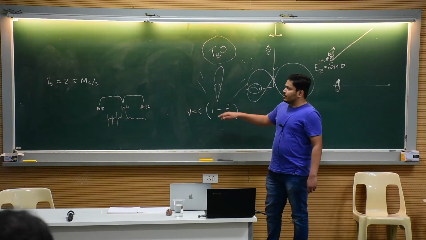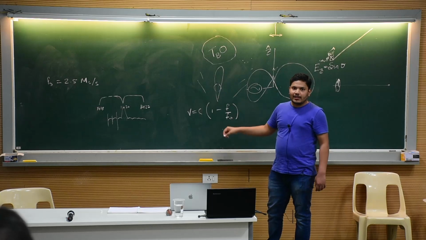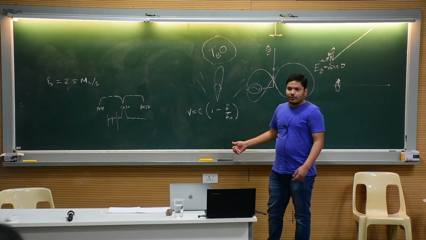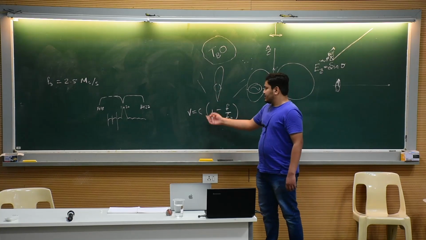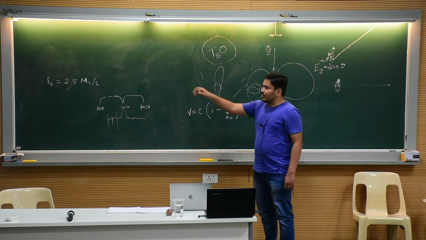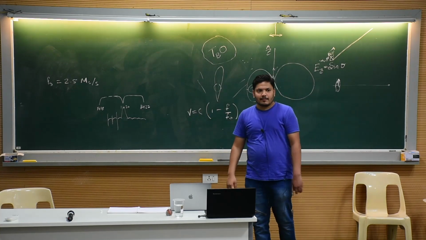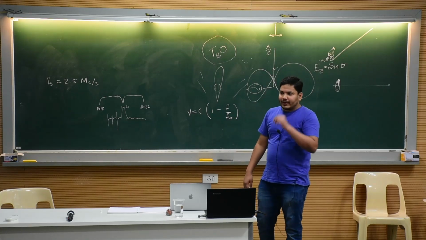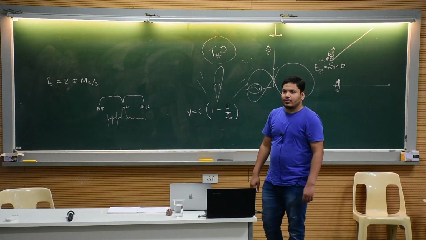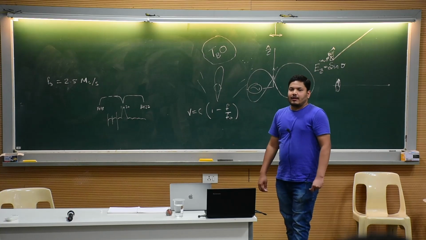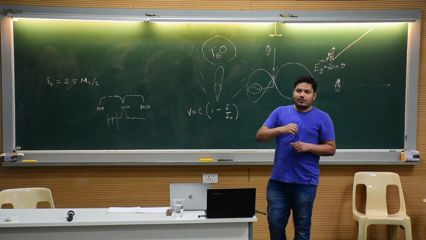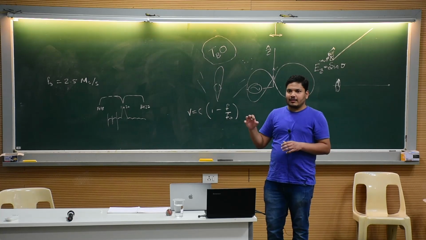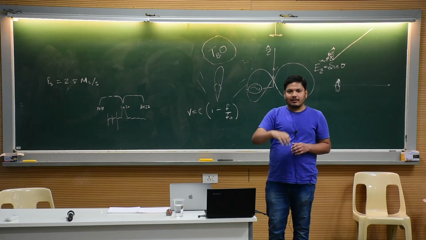F naught is your rest frequency of the hydrogen line, which is 1420.405 megahertz. F is your x-axis. c is a constant. You can convert the x-axis into velocity, and you also need to add a correction factor to this velocity because the Earth is rotating about its axis, it is also revolving around the Sun, and the Sun is also moving in the galactic plane.